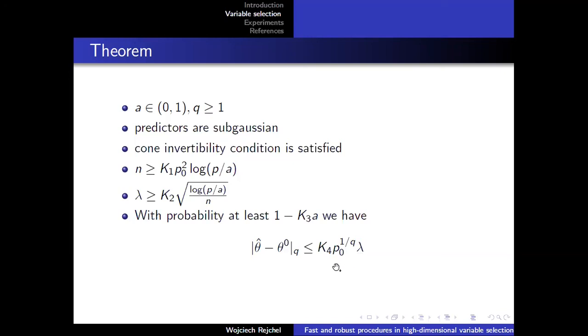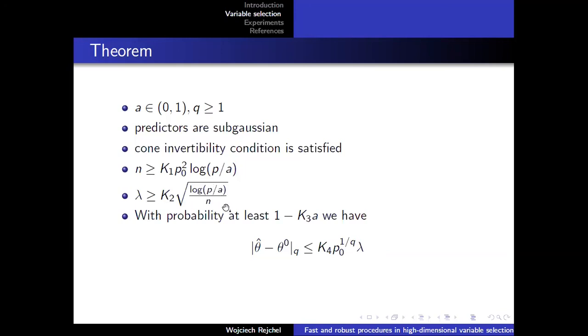So the message from this theorem is that this estimation error is small if your model is sparse, which means that P0 is relatively small, and if lambda is also small. Lambda is given here, this is the lower bound, so it should be small.